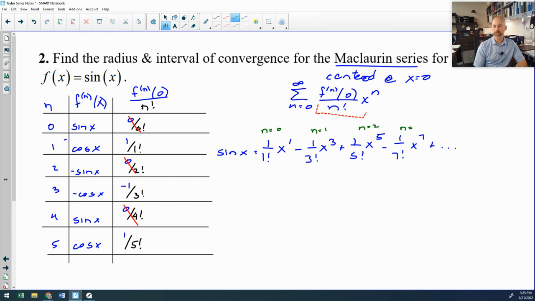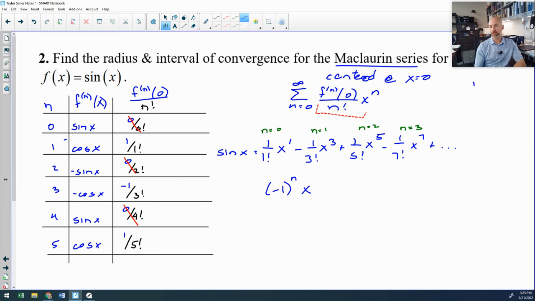This one's going to be when n is equal to 3. And I'm going to write my series in sigma notation based on these n values, not the ones I used in the table to get those first several terms. The pattern I'm seeing here is that the series does alternate, so I will need a negative 1 to the n power, and then it's x, and I'm going up by odds.